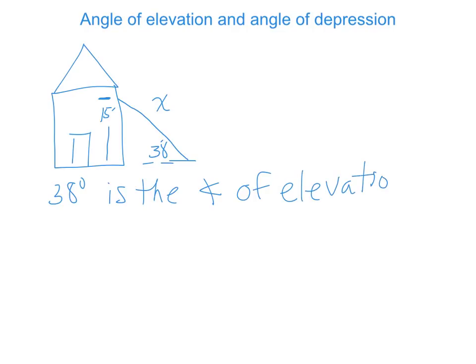It's just the way that from the ground up, it's elevated the ladder. So if the ladder was laying on the ground, we elevated it or lifted it up 38 degrees. That's kind of what we're learning: what do these angle of elevation, angle of depression problems look like? So once we know that 38 degrees is the angle of elevation, how big a ladder do we need?